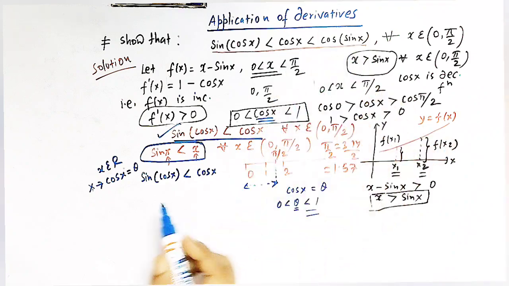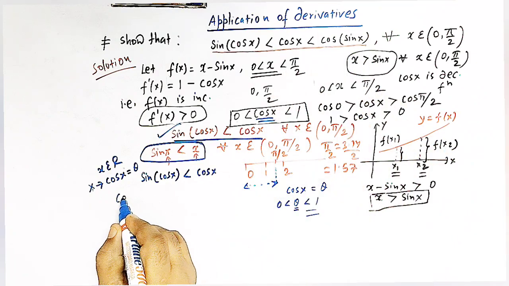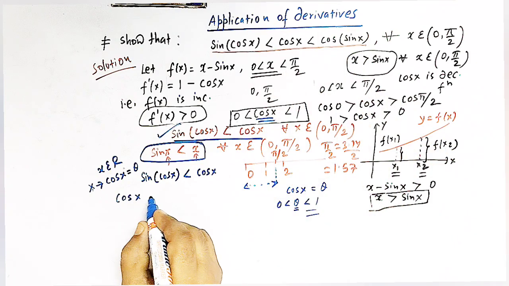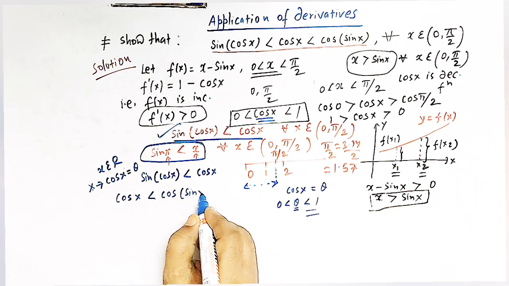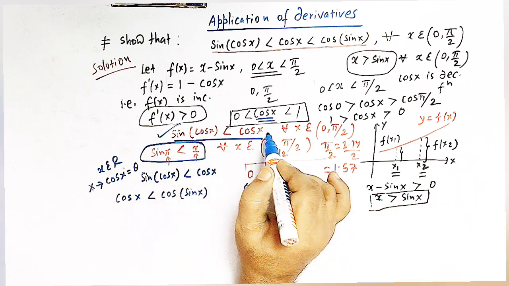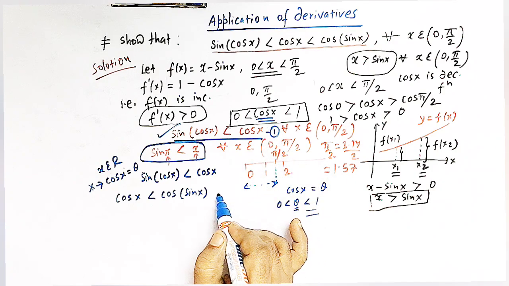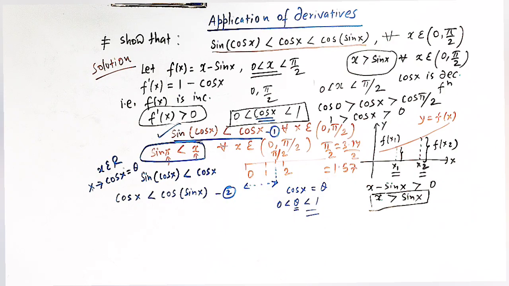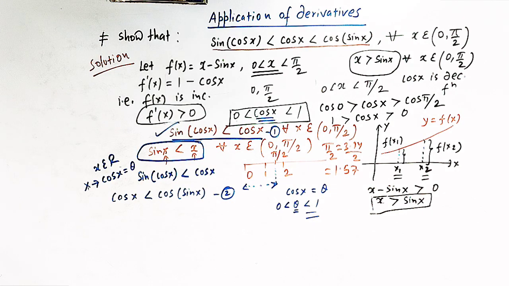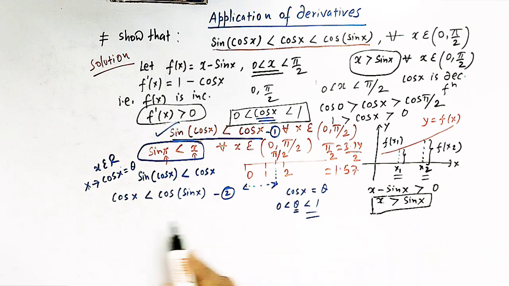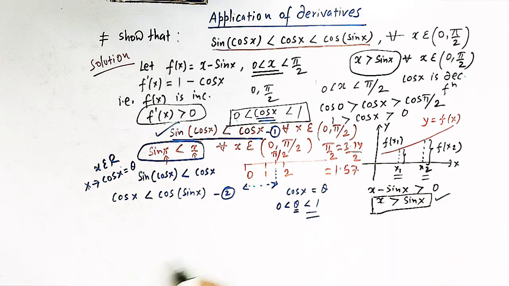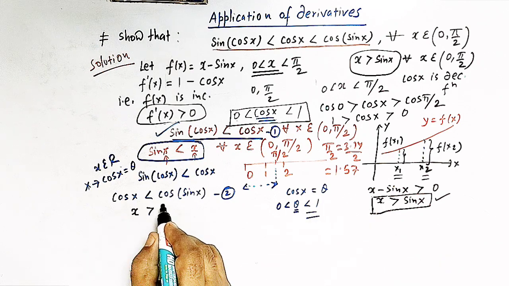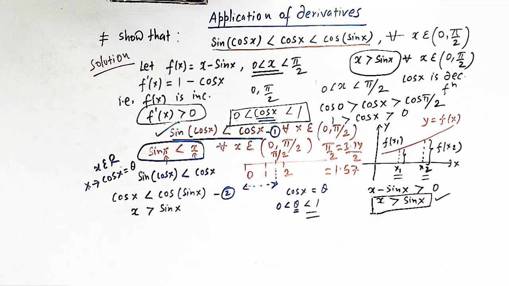Now let us prove this inequality, that is cos of x is less than cos of sine x, and then I will combine these two inequalities. Again we can prove this inequality by using this one. Now see, we are given x greater than sine of x, right?